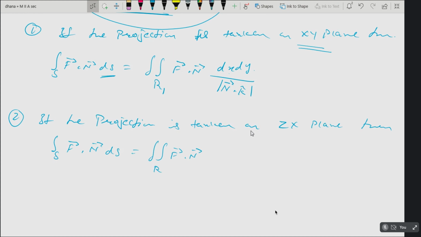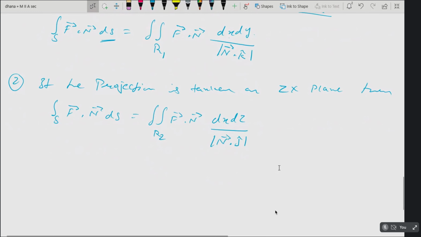You have the zx plane, so you will have dx dz. Order, you can take any order, dx dz or dz dx. According to the limits, you write down the order. Limits you will calculate based on the region here. So n bar dot, here what should I have, tell me? j bar. Okay, bar I'm not writing, you may write bar, no problem. n bar dot j bar.